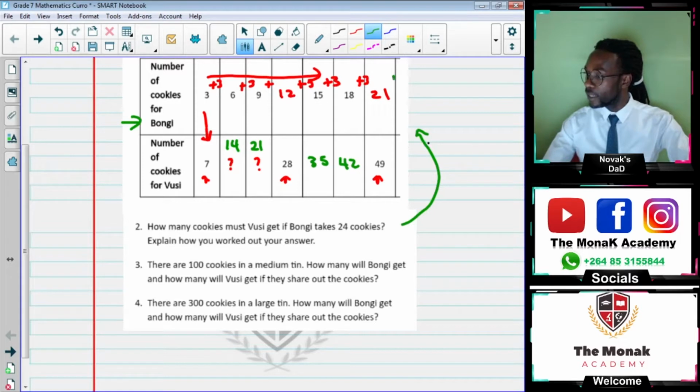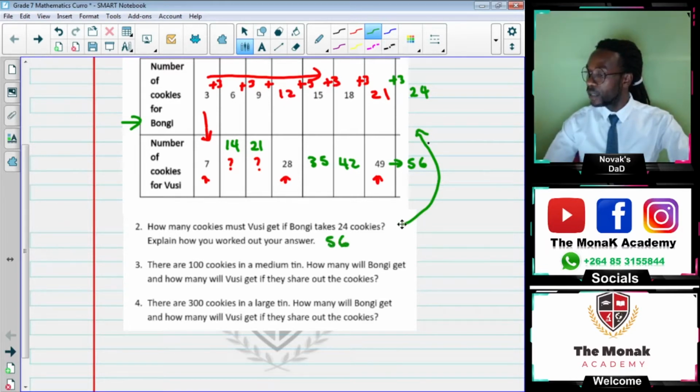If we add 3 here, we get 24. So from 49 we add 7, and it becomes 56. That's one way of finding the answer. So how many cookies will Vusi get if Bongi takes 24? Vusi will get 56.